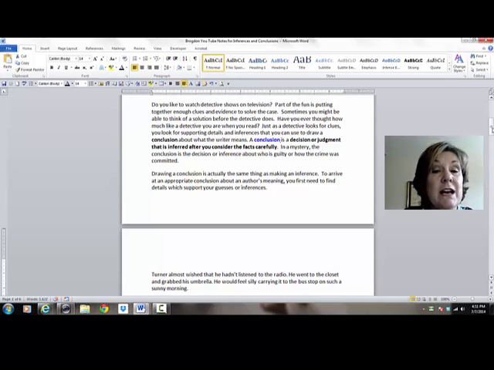You could essentially say for our purposes that they're about the same thing, but a conclusion is a decision or judgment that is inferred after you consider the facts very carefully. So you have to look at the facts before you can make a conclusion, and you don't want to jump to conclusions. Sometimes readers will jump to conclusions before they read all of the facts. Don't ever do that. Always read everything first before you make your conclusion.